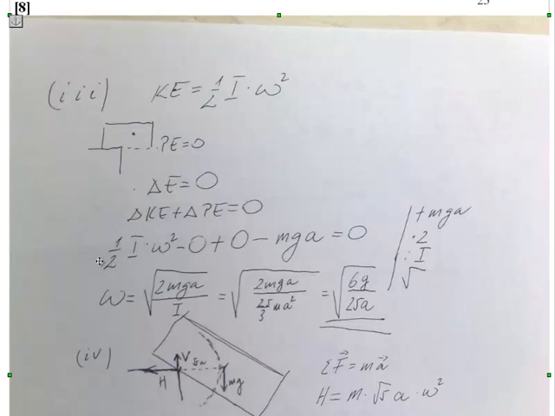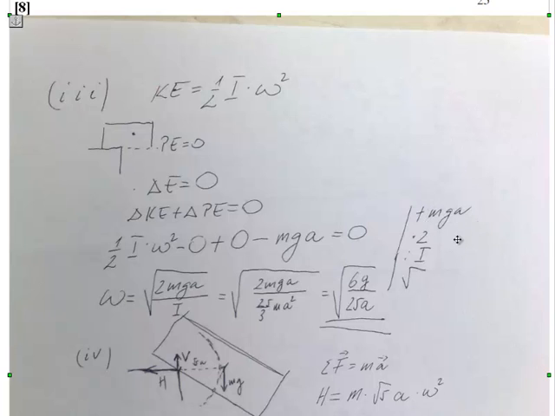Final kinetic energy minus initial kinetic energy, plus final potential energy, when the center of mass is here, minus initial potential energy. This is 2a, so it's a.